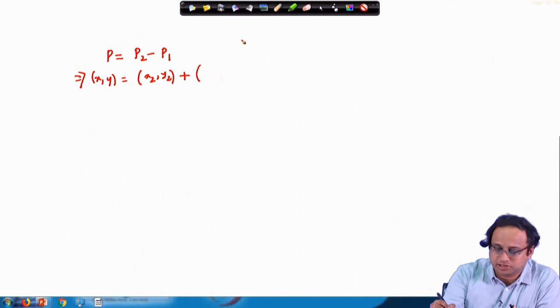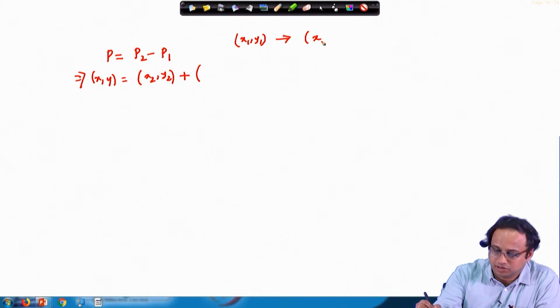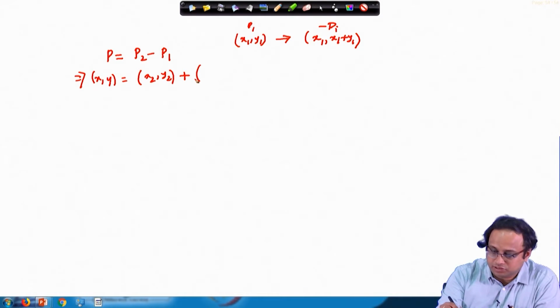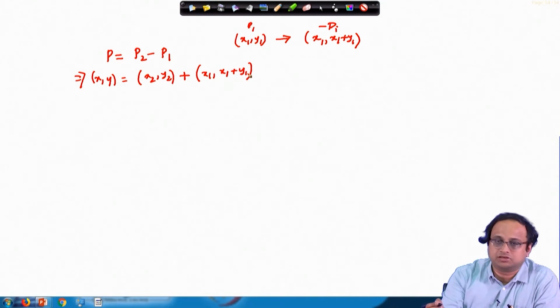So, what is minus P1? Remember that we derived this: if x1 y1 is P1, then minus P1 is nothing but x1 comma x1 plus y1. So, this is addition with x1 comma x1 plus y1.